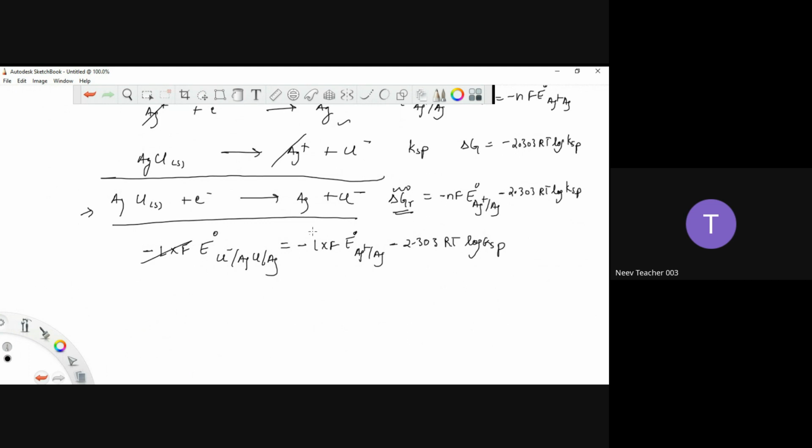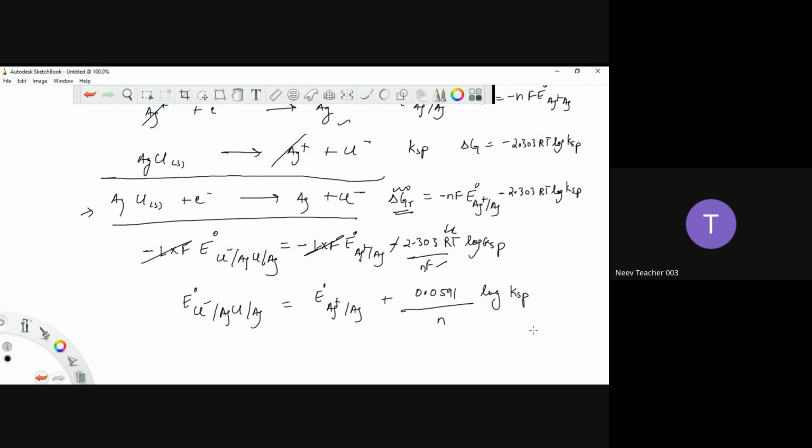The minus goes out, and you're left with F over here. If n electrons are involved, I can write n. So ultimately, E naught of Cl minus AgCl Ag is equal to E naught of Ag plus Ag plus 0.059, putting in the R, T and F values, over n, log Ksp.